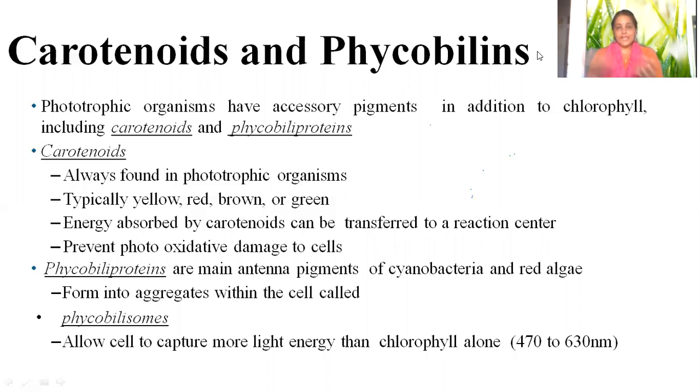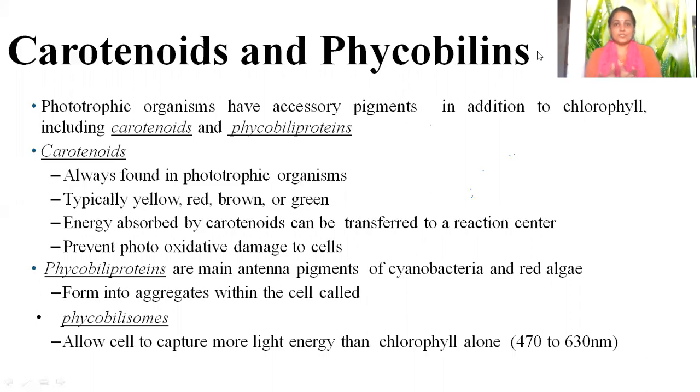They absorb yellow, red, brown and green, all the wavelengths, and transfer all the absorbed light to the chlorophyll. So chlorophyll, in the form of an antenna or funnel, absorbs all the photons, whether absorbed by itself or transferred by the accessory pigments.